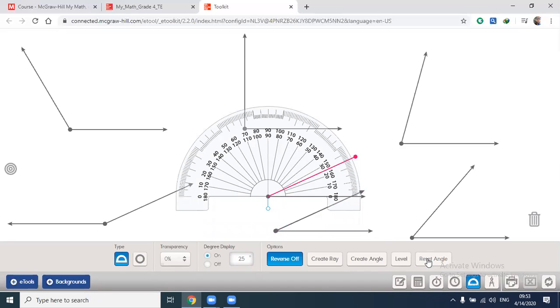I can also form an angle from the other side. See, from the left, I can form an angle, like this, for example.